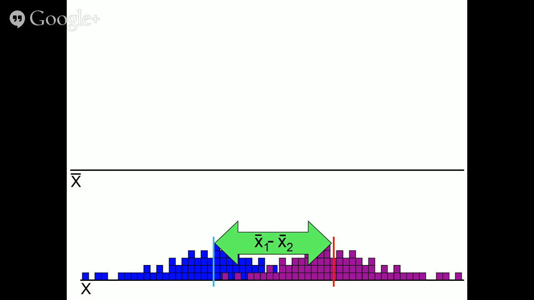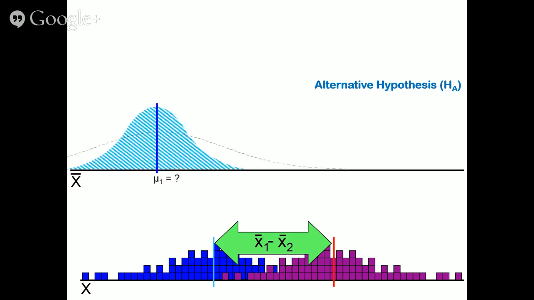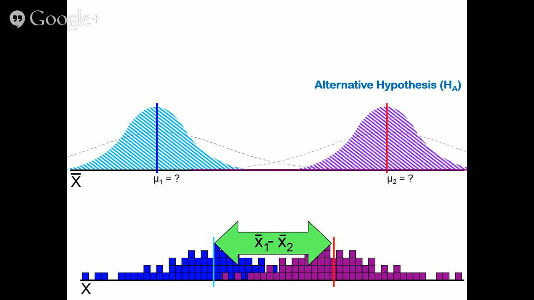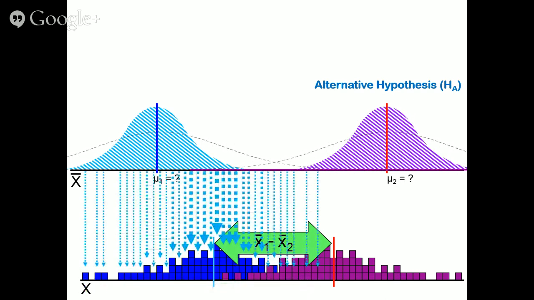Now we imagine to ourselves, where did those two samples come from that gave us those two means? The alternative hypothesis is always that they came from two interestingly different places. So we don't actually ever specify which alternative hypothesis we're talking about, so I'm just going to say this is my alternative hypothesis: that sample 1 came from population 1, which has a mean much, much lower than population 2, and sample 2 came from population 2.